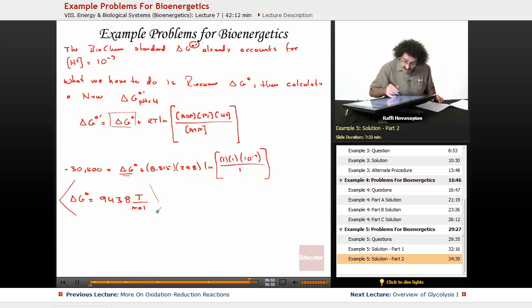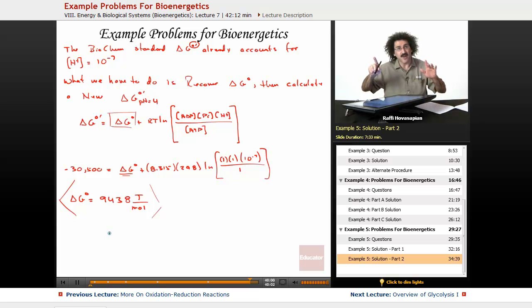So now we take this number and we readjust using a pH of 4, or a hydrogen ion concentration of 10 to the negative 4.